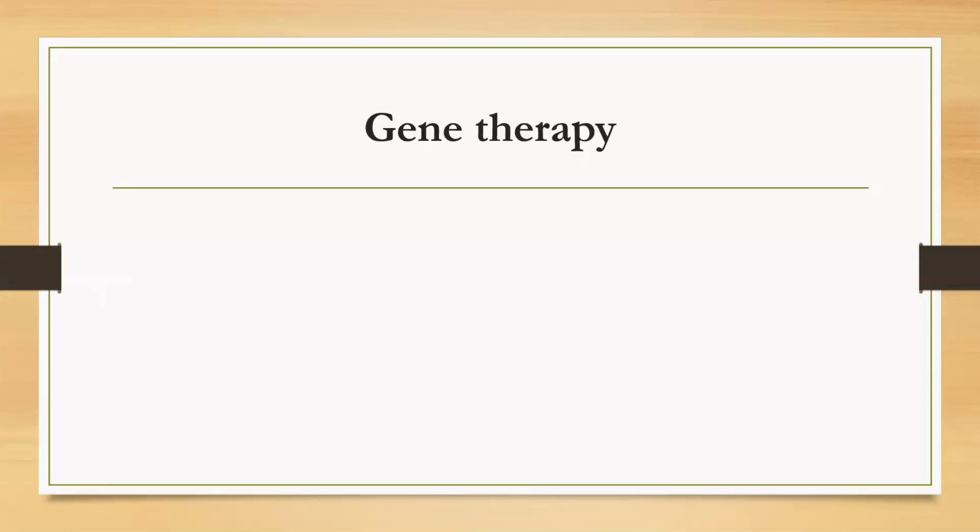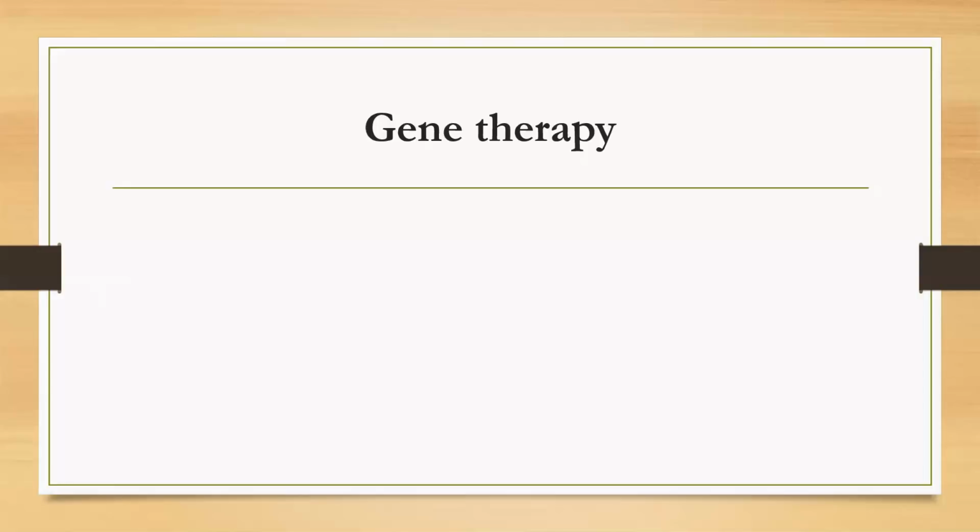When the gene becomes malfunctioning, it may produce malfunctioning protein, or sometimes it may not produce any proteinaceous product. Both cause some physiological problem in the body.